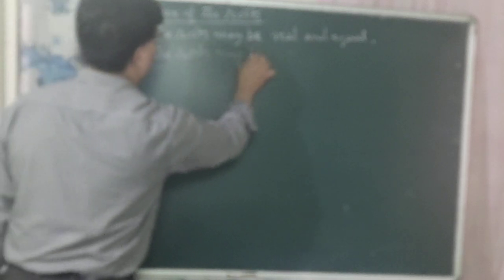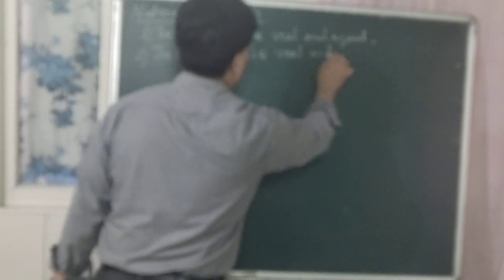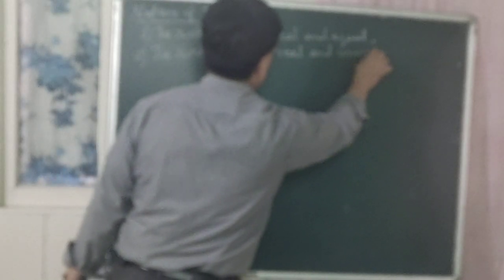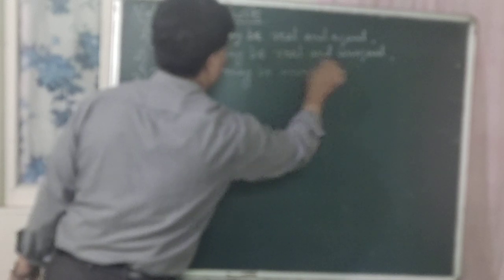So these roots may be real and equal. Number 2, the roots may be real and unequal. And number 3, the roots may be imaginary.